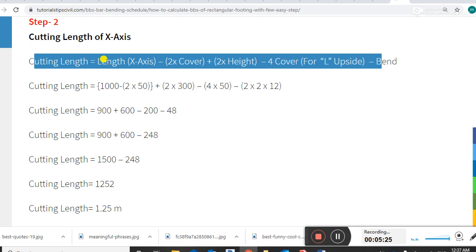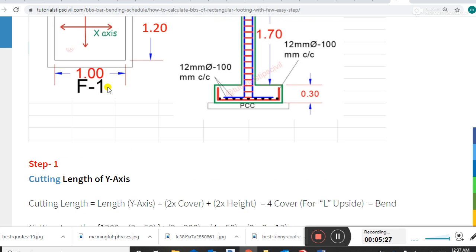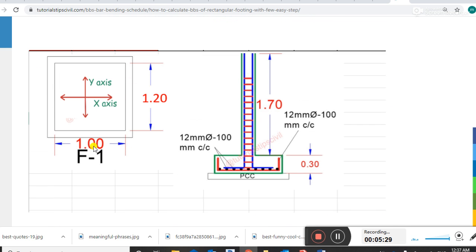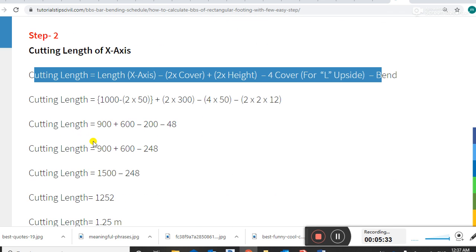Cutting length, the length is 1000, guys. This is the 1000 length in the x direction. We simply put the values: 1000 minus 2 into cover 50 plus 2 into height 300 millimeter minus 4 into cover 50.